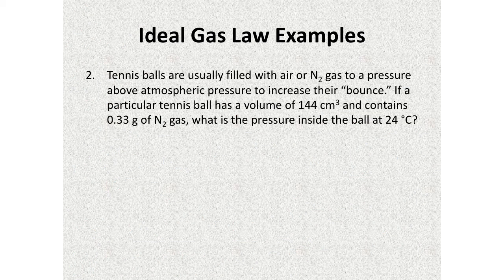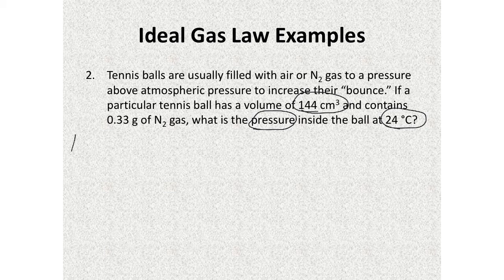All right, so another example. Take a second and read through this and start setting it up. All right, so we are going to be looking for pressure. They gave us a temperature, which we will need to convert to Kelvin. We have volume.